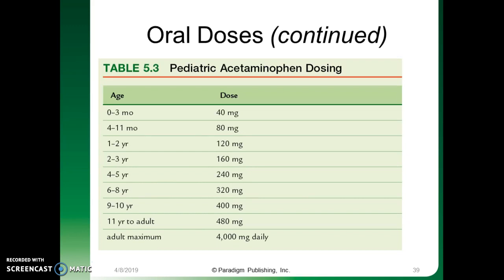So for the pediatric acetaminophen dosing, children under 2, so 0 to 3 months, are given a 40 milligram dose. Children between 4 to 11 months are given 80 milligrams. 1 to 2 years old are given 120, 2 to 3, 160, 4 to 5, 250.